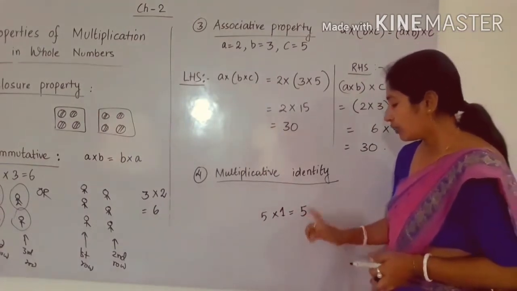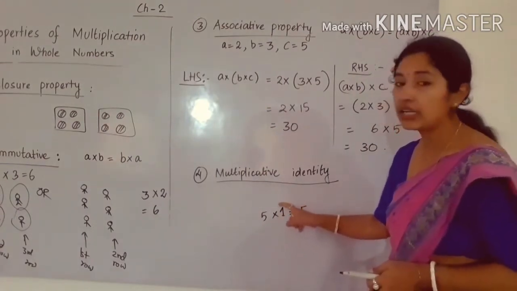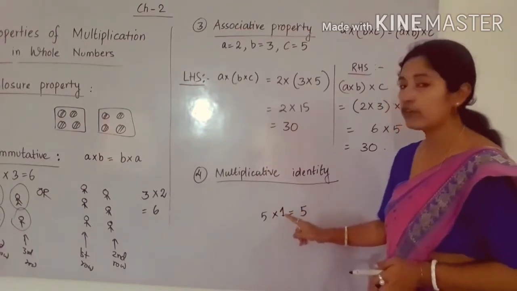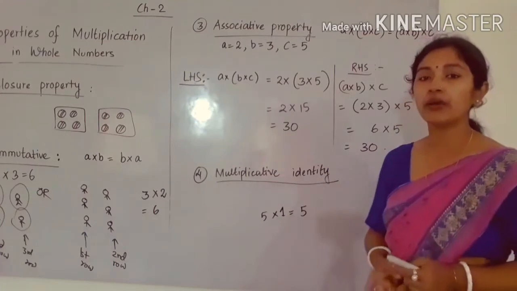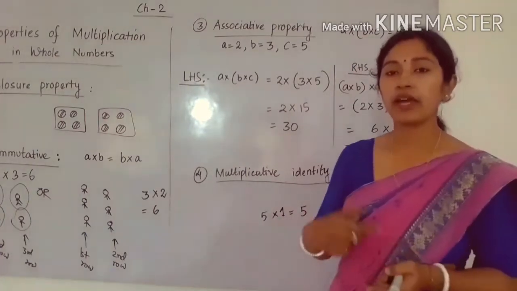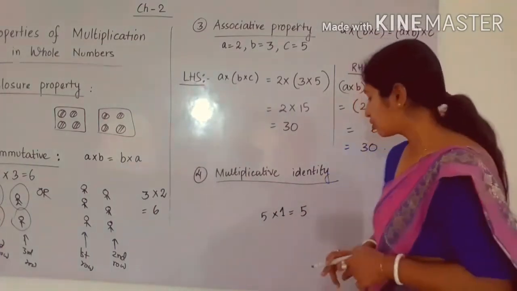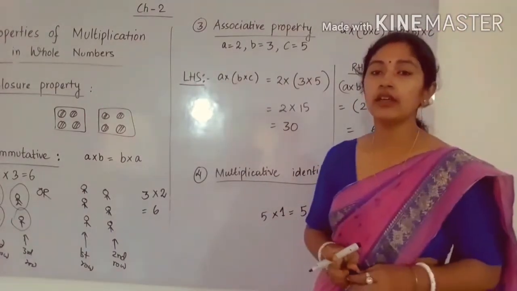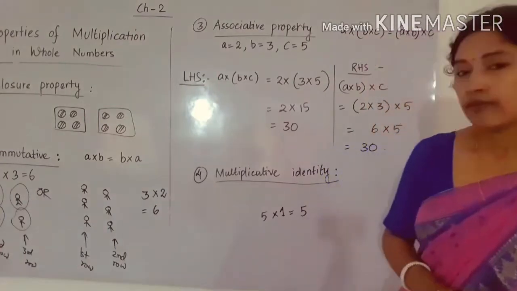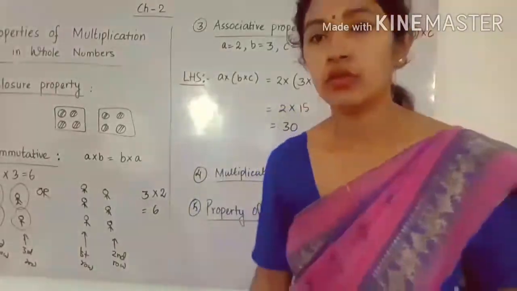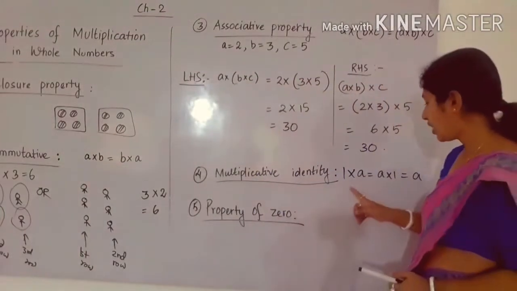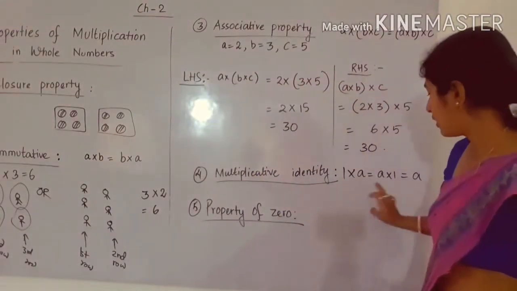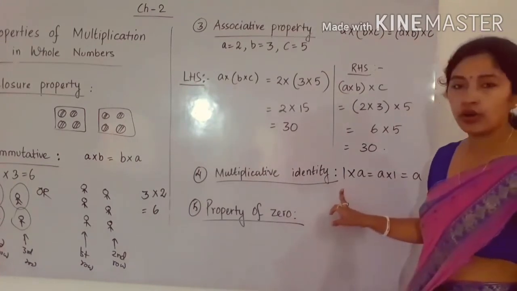That means here 1 is the multiplicative identity. 1 is called the multiplicative identity because whenever we multiply 1 to any whole number, we get back that same whole number. So you have to write that 1 is the multiplicative identity in whole numbers. Here we can write 1 into A is equal to A into 1 is equal to A.